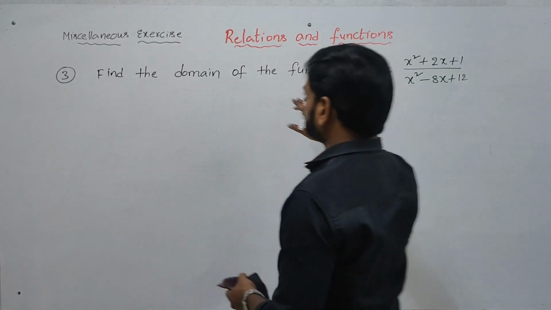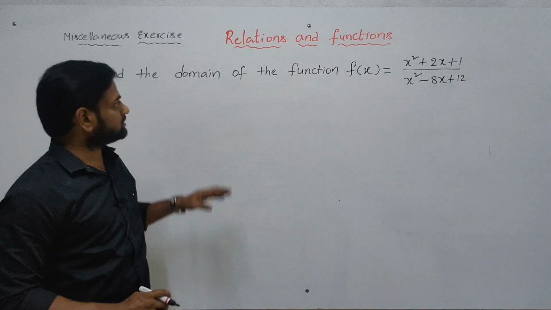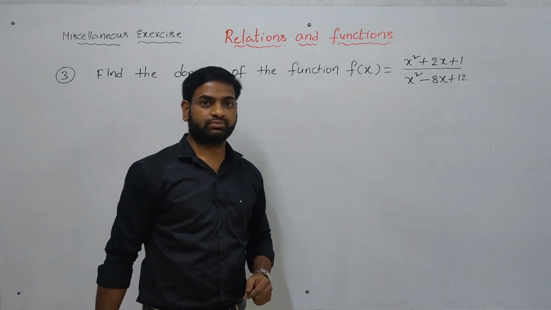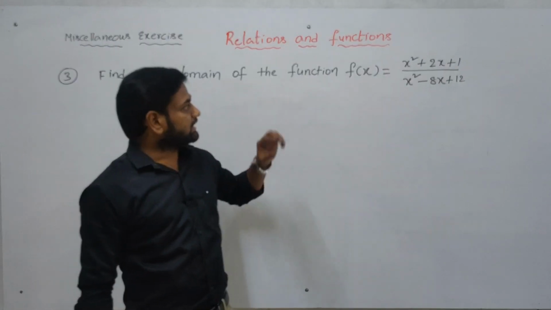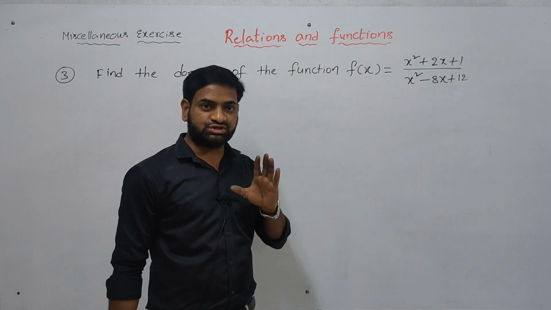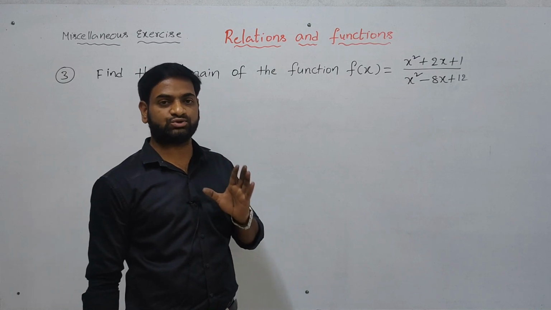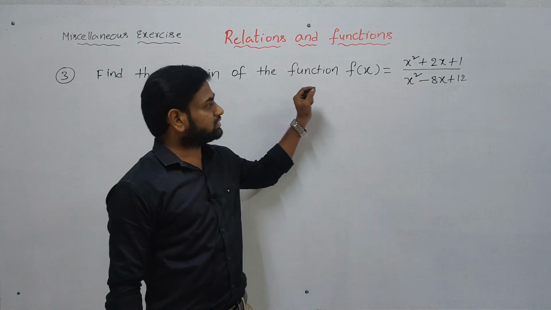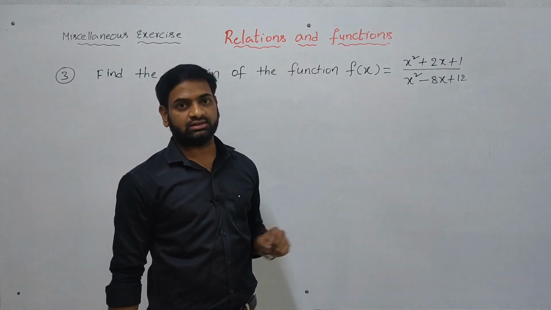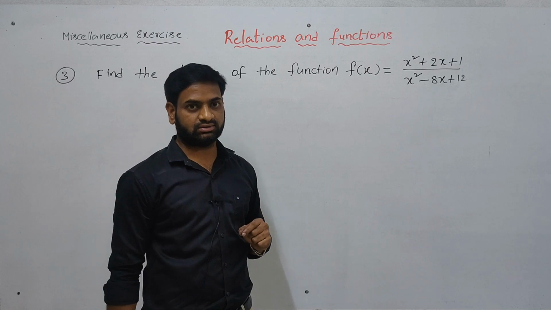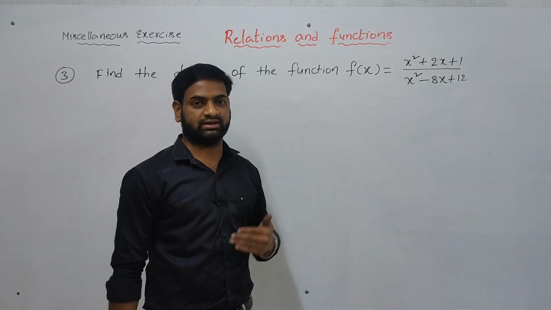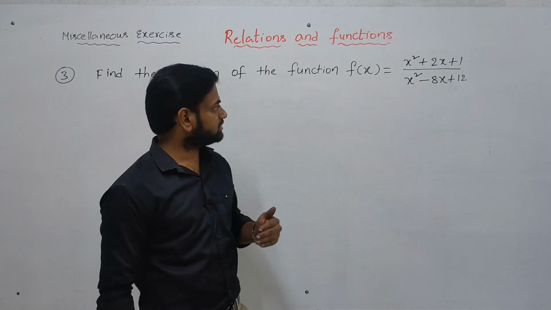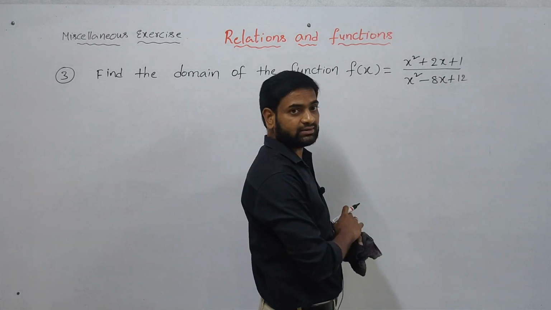See, the third one is find the domain of the function. Previously I gave what the domain is. Domain means on which values the function is going to be defined. Where the function is defined, those values are the domain. If the function is not defined, then don't take that value in the domain. When is it not defined?